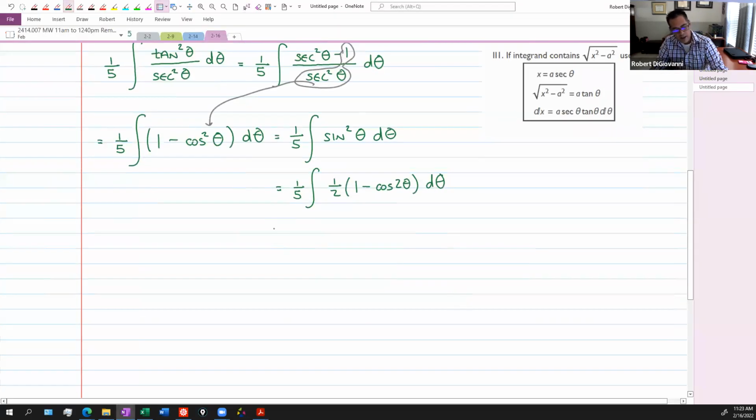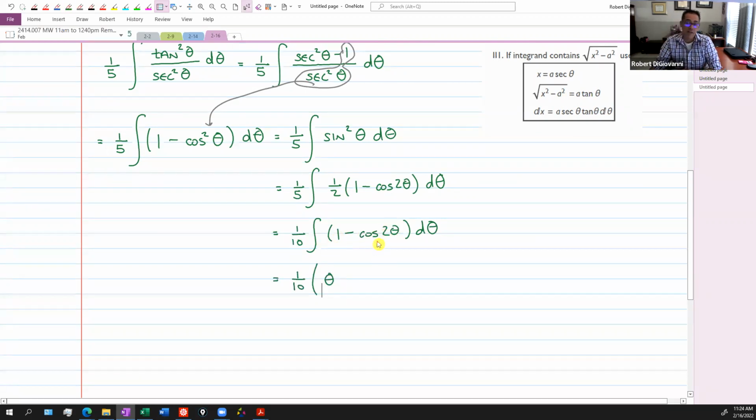All right, then I'm going to pull the half out, make it a 1/10. Integral of 1 minus cosine 2 theta d theta. And I should be able to find the antiderivatives of each of these, because the antiderivative of 1 is just theta.